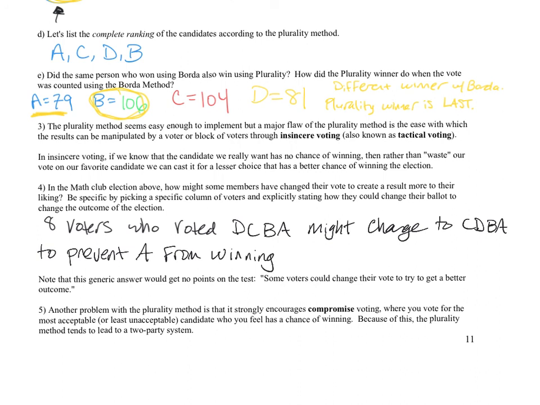So insincere because C is not really their first choice pick. Tactical because they have made a tactical move to prevent A from winning. So it's sometimes called insincere, sometimes called tactical.